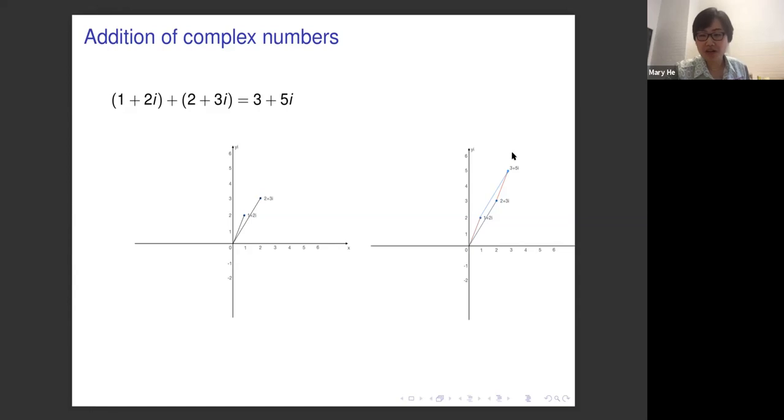So the answer is hidden at the tip of the parallelogram. If you draw this parallelogram carefully, you can see the tip of this parallelogram is at the address 3 plus 5i. So x equals 3 and y equals 5. So this is the answer for adding 1 plus 2i and 2 plus 3i.